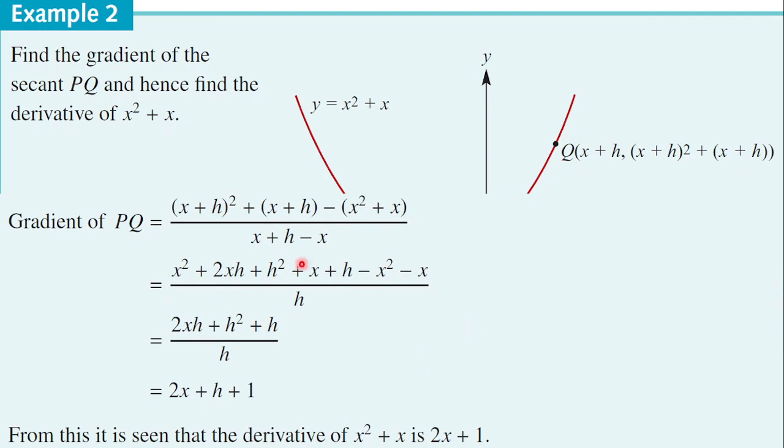So here's the gradient. There's a little bit of algebraic manipulation. You expand the brackets, regroup the like terms, and then we simplify by h. That gives us an expression without a denominator, which is 2x plus 1 plus h. As h approaches 0, that gradient becomes 2x plus 1, and that's the definition of the derivative.